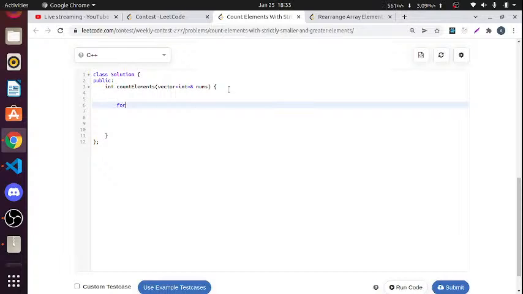So let's make the first loop. So we are taking two loops, so complexity will be n square, right? We will take two values, k1 equal to 0 and k2 equal to 0, since both the conditions should be satisfied.